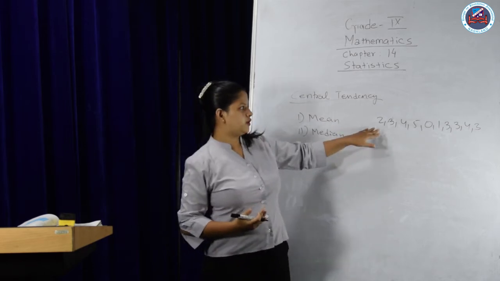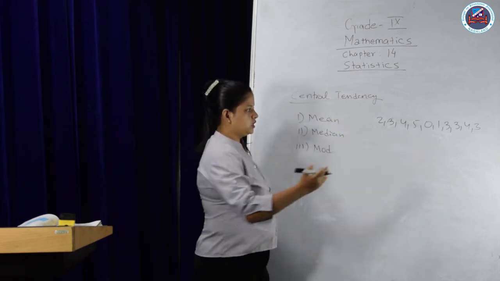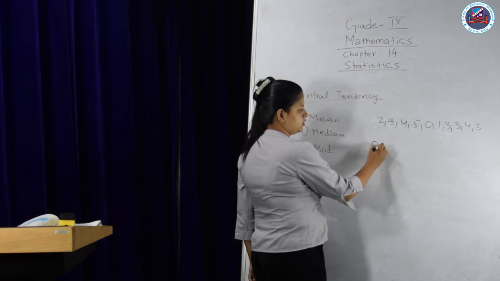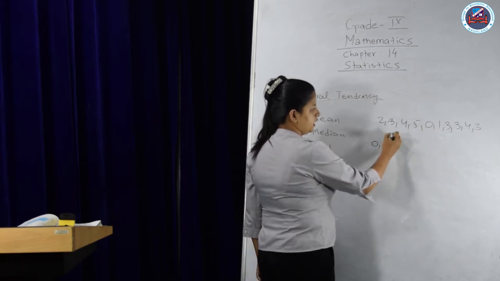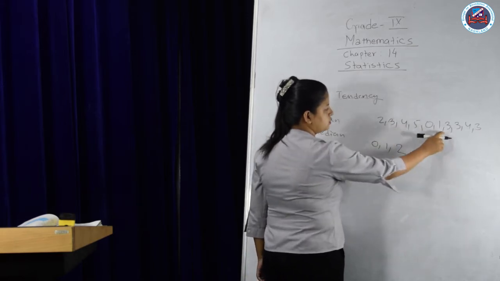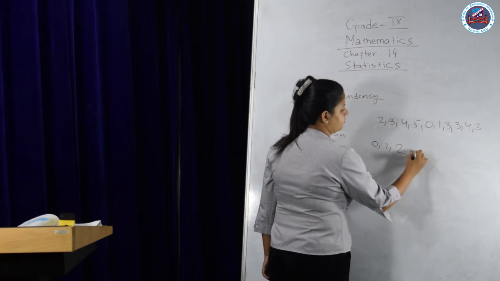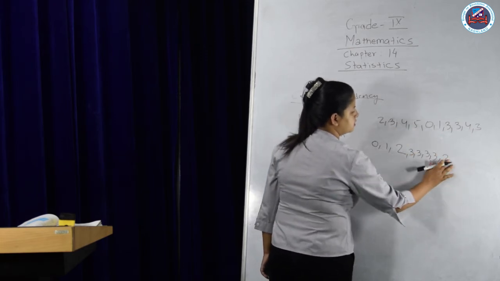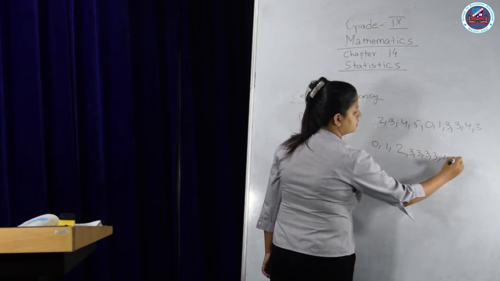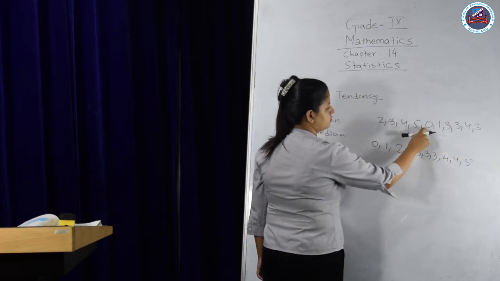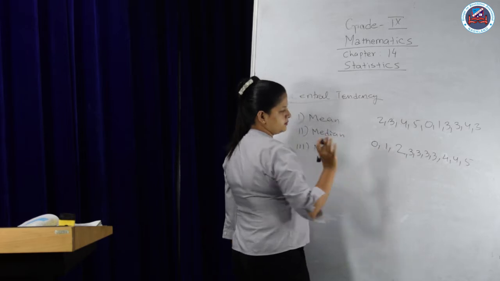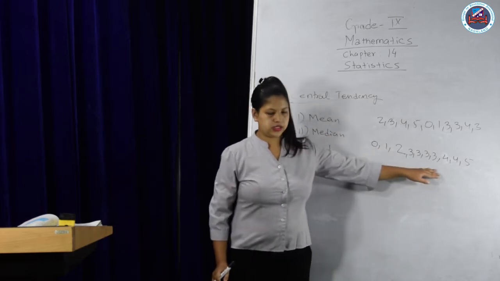Meaning, first arrange the numbers. So if you go in ascending order, the least number 0 will be here, and then 1, and then 2, and 3 is 1, 2, 3, 4 times, and then 4 is 2 times, and then 5, 2, 4, 6, 8, 10. So like this you'll arrange it.